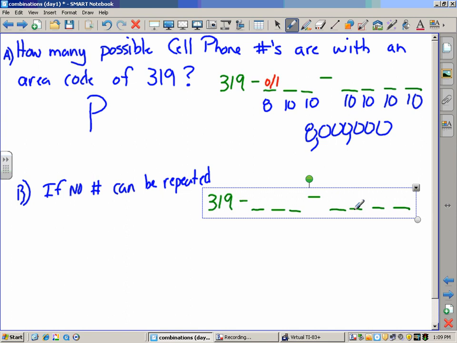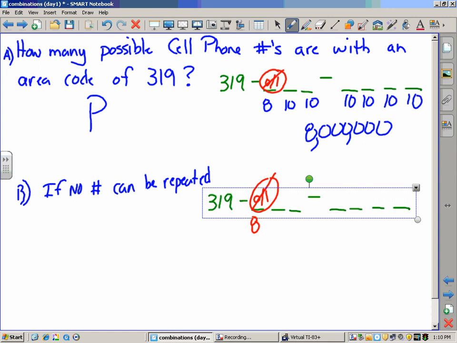Just like this one, 0 and 1 can't go in that spot. So there are still 8 possibilities here, because 0 or 1 still cannot go there. But for the next number, how many choices do you have, since 0 and 1 can't go in the first one?